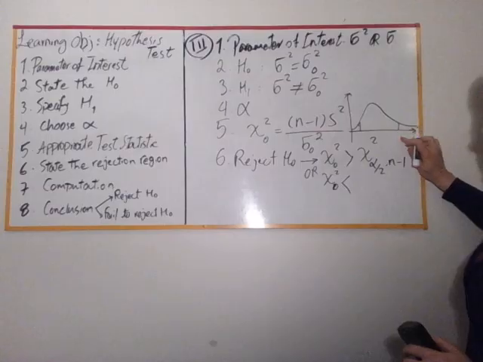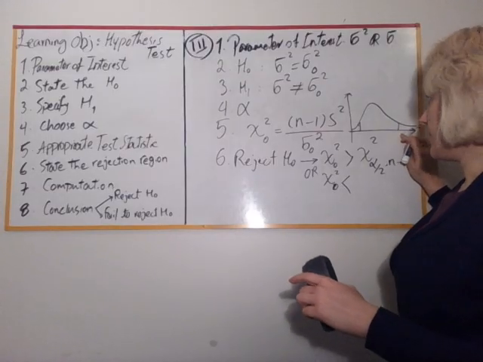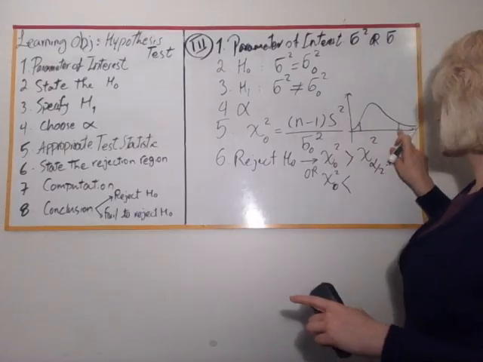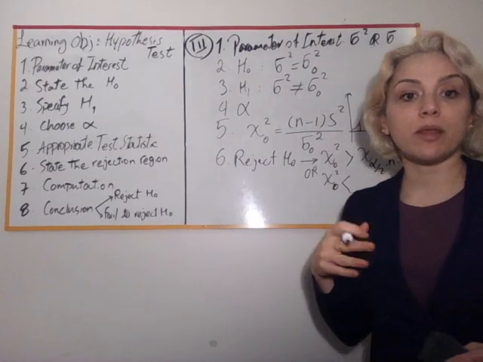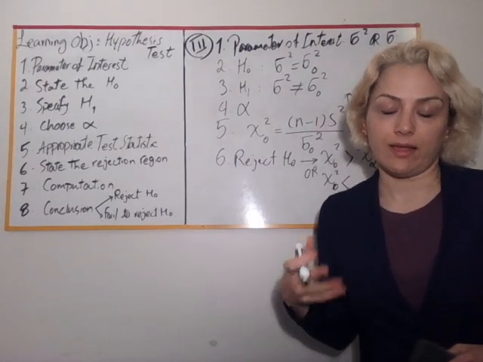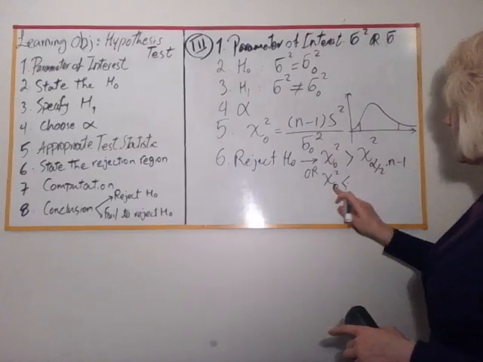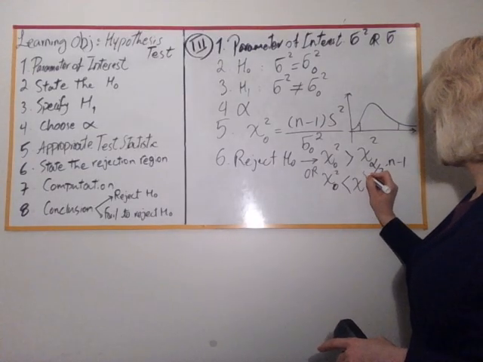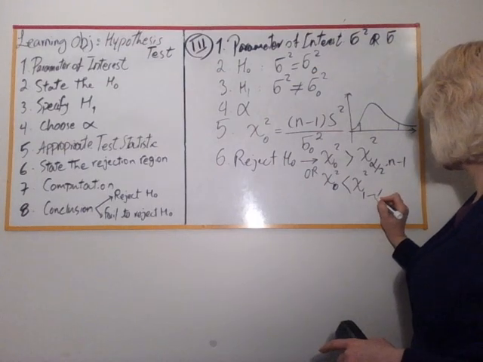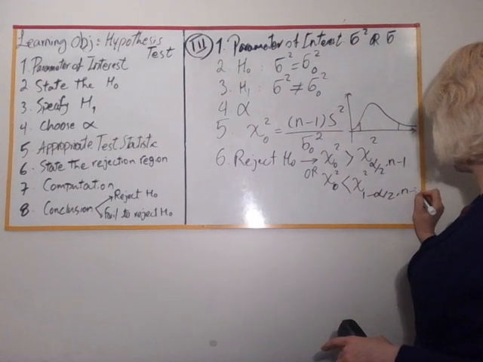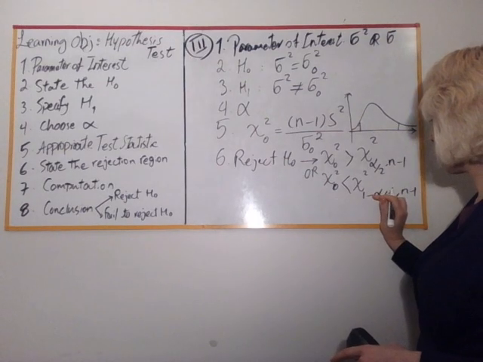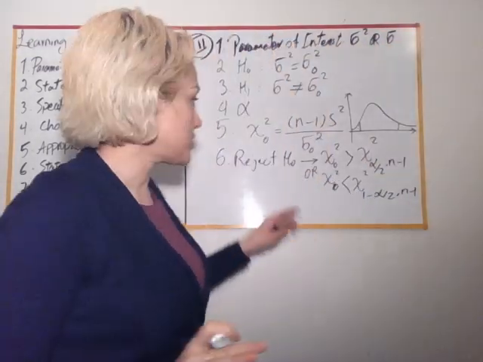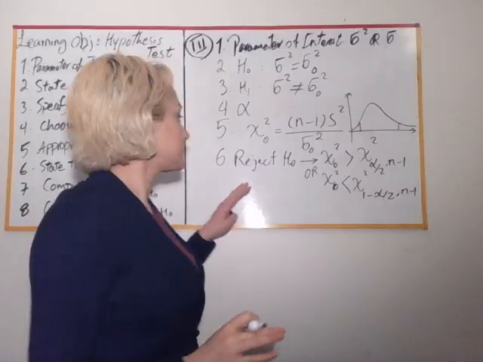So here is half of the alpha and n minus 1, and for this one we would say 1 minus half of the alpha and n minus 1. So my chi-square is less than chi-square at 1 minus half of the alpha and n minus 1. So this is how we find the rejection region.